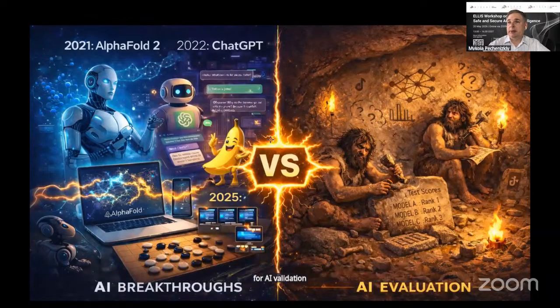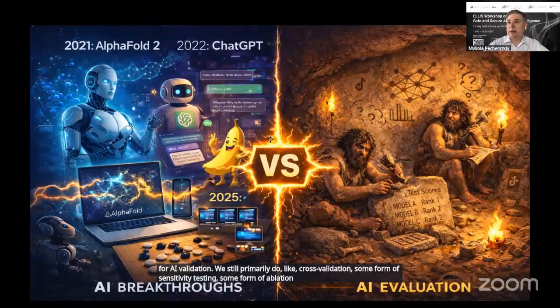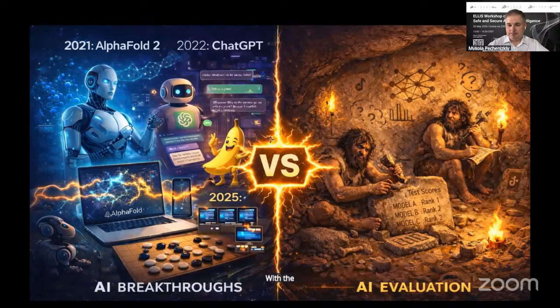We still primarily do cross-validation, some form of sensitivity testing, some form of ablation studies, but to a large extent, we still focus very much on model selection, on leaderboard style thinking, like trying to perform a search over the space of many, many possible models and parameterizations with the goal to choose the best one. Let's move next.